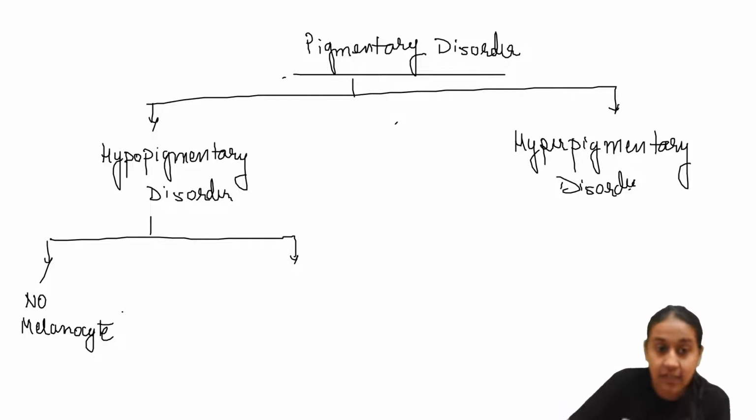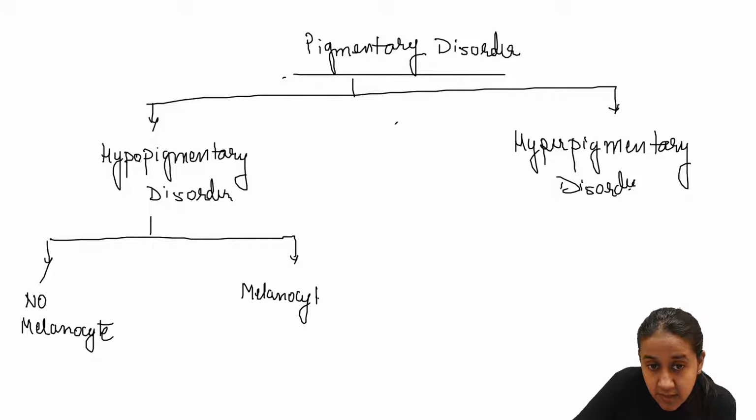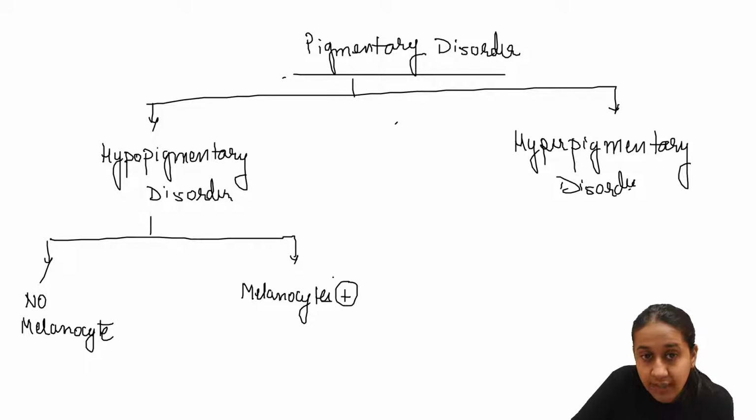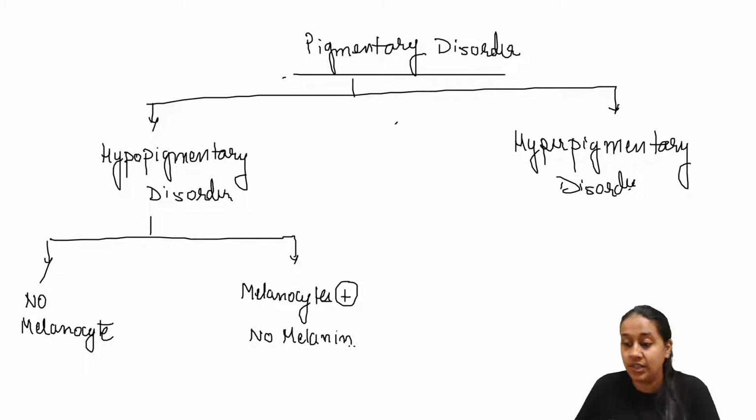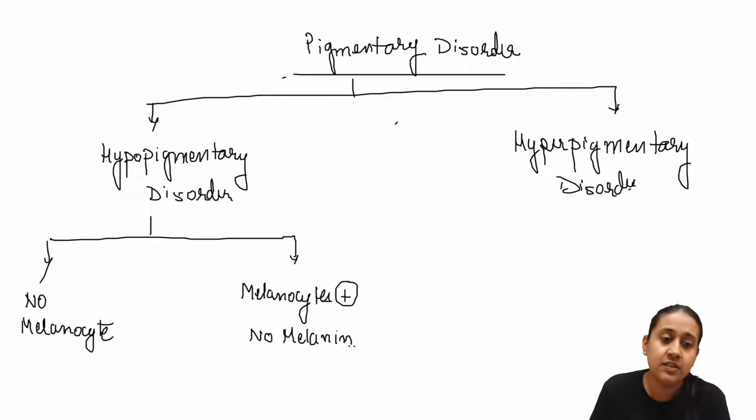But there is another scenario when the melanocytes are normal, but they are not able to form melanin. Understood, Paras and all the other students? How are the pigmentary disorders classified? Please give me a quick thumbs up if you understood this point. So we have a hypopigmentary disorder: no melanocytes, or melanocyte present but no melanin.